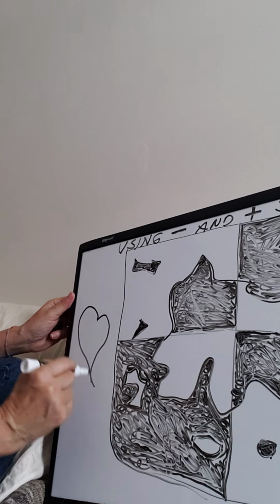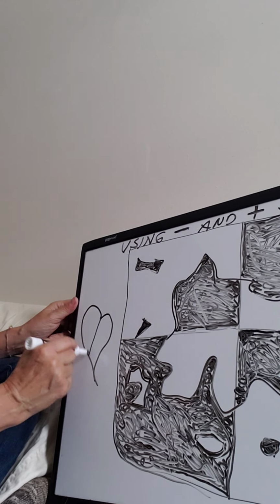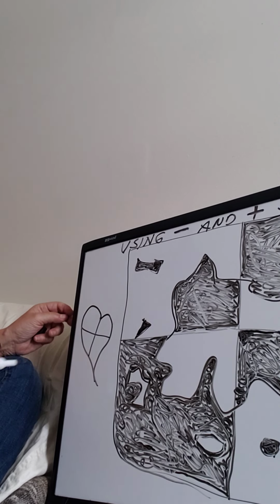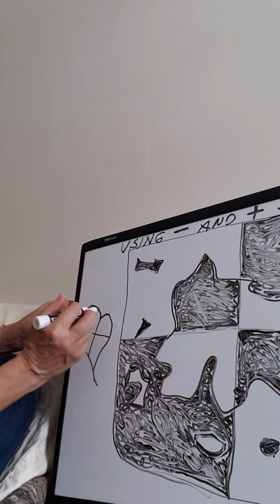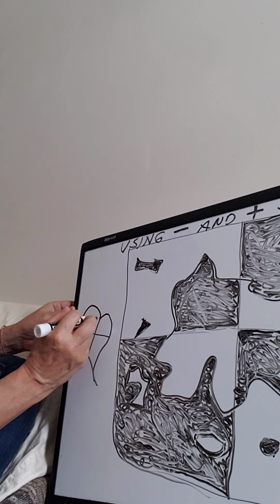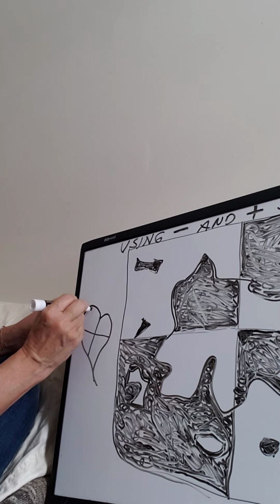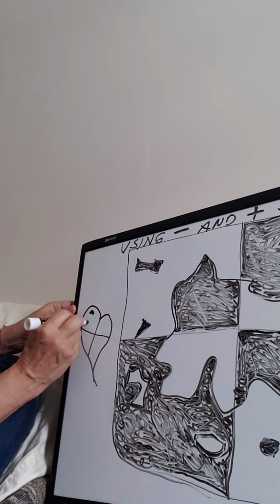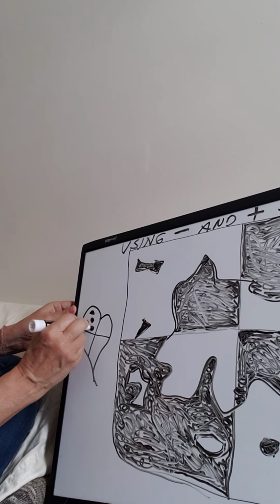Okay. Since I got a little room over here, I'm going to do a heart. You can put whatever you want over there. I'm going to cut this into fourths. And I'm going to just use circles.